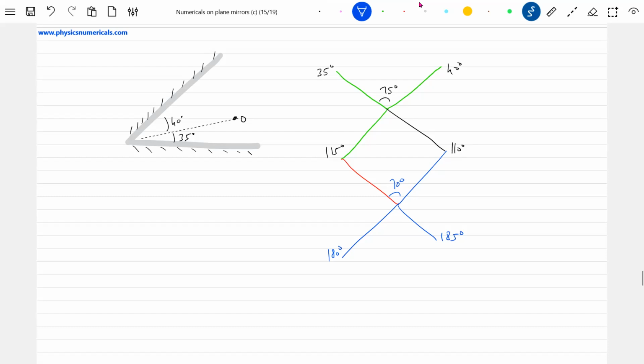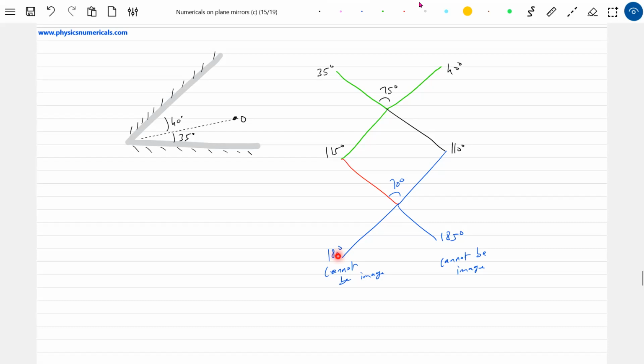This is not possible, it cannot be an image. So how many images should I count? Count like 110 plus 70, 180, 180 plus 115, 295. It's not equal to 360 degrees. So therefore, the final images will not coincide.